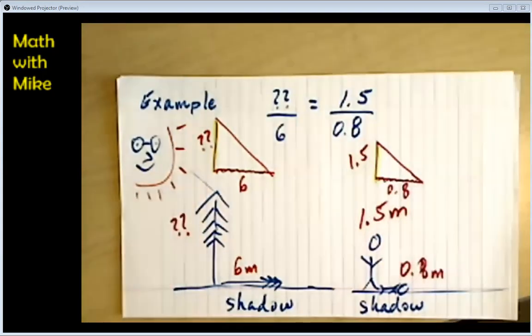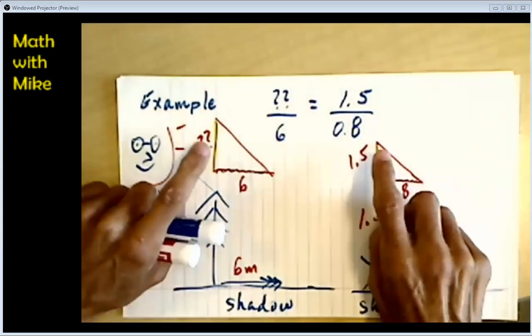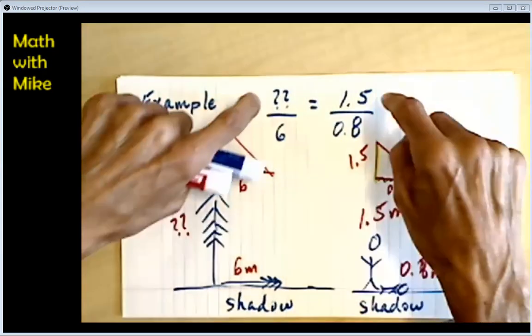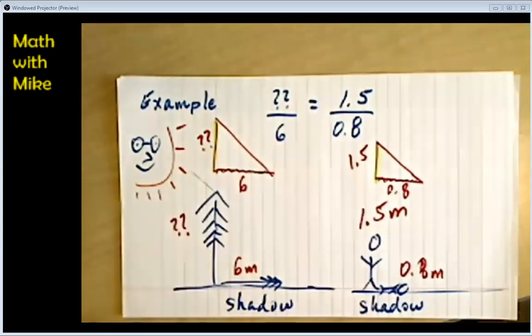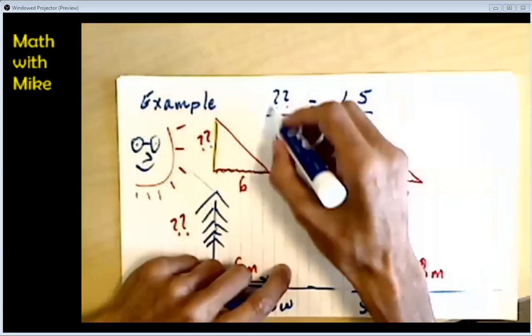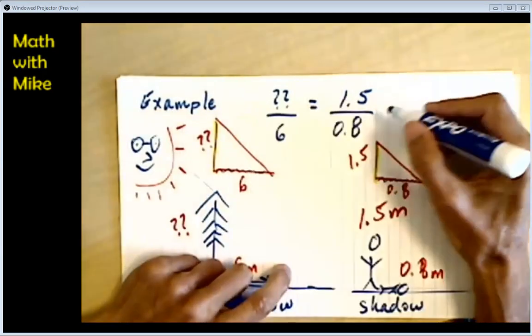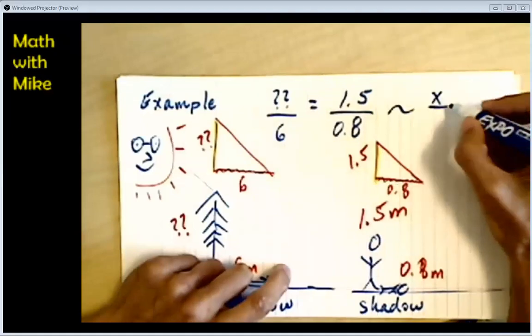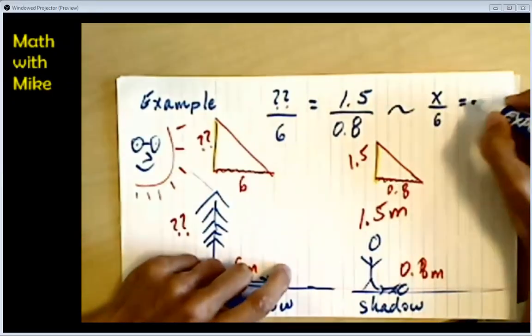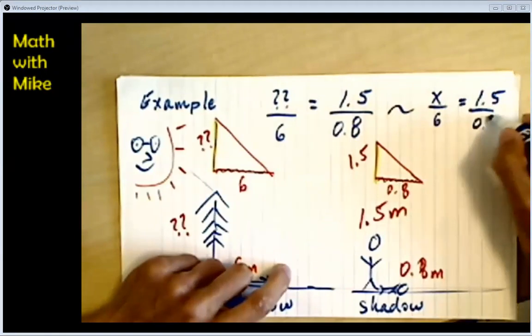And see how everything matches? That side, those go on the top. This side, that side, those go on the bottom. And if you don't like these two question marks, you can think of it as x divided by 6 is equal to 1.5 over 0.8.